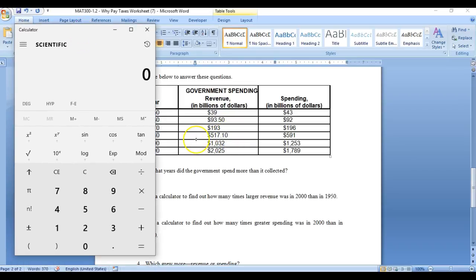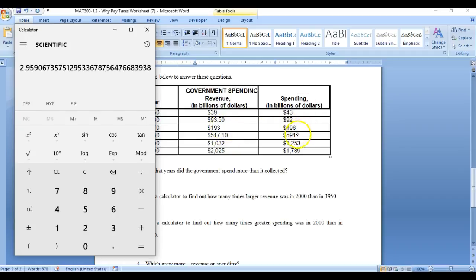So the 1980 amount was 517.10 billions of dollars, divided by the 1970 amount of 193. This rounds to 3, so the revenue was 3 times larger in the year 1980 than 1970.